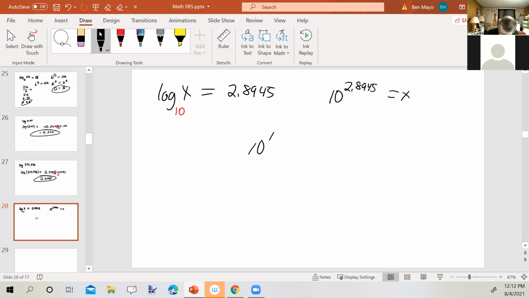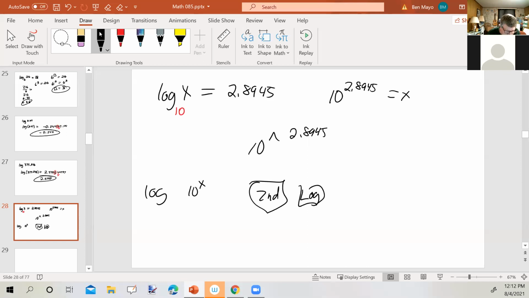Now, on my calculator, there's two different ways I can do this. I can put in 10, use the little caret power key, and then 2.8945. Or, remember I said that the second function key of log was 10 to the x? If I go second and then push the LOG button, which is actually the 10 to the x button, I get this.